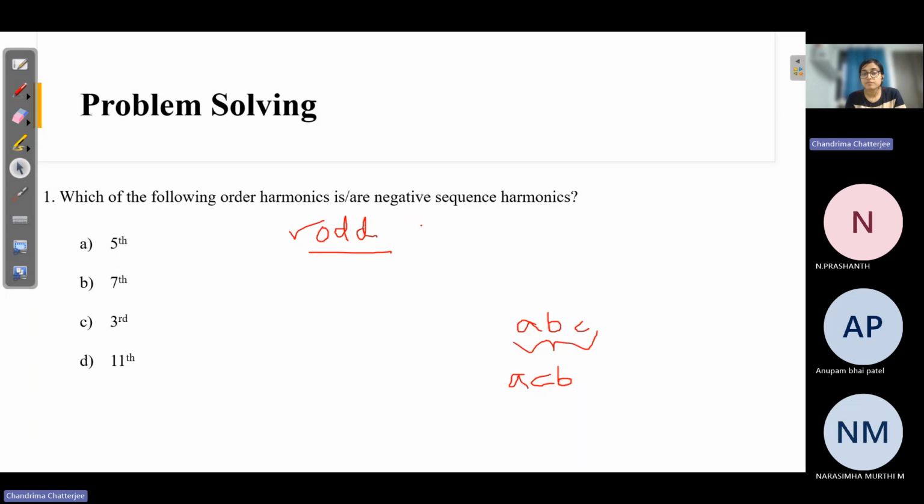So how do we define them? Suppose VA, the A phase voltage, for a three-phase system, is Vm sine omega t.